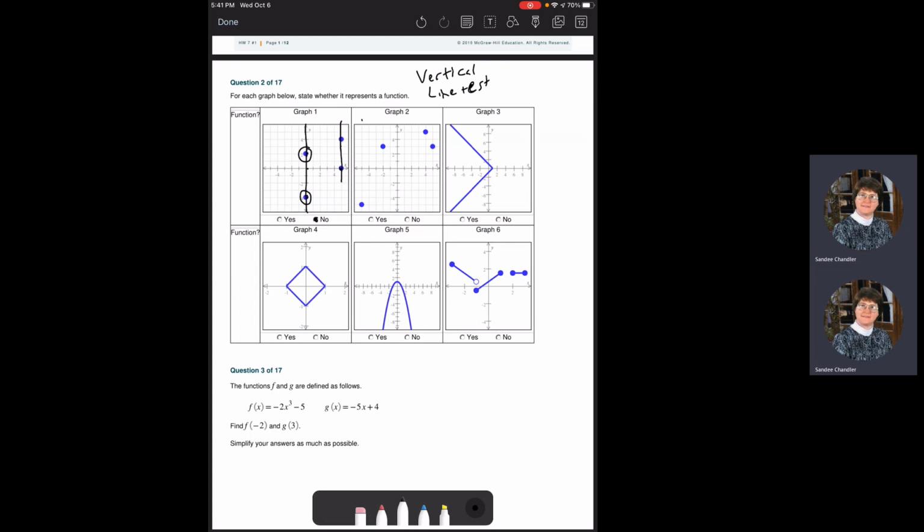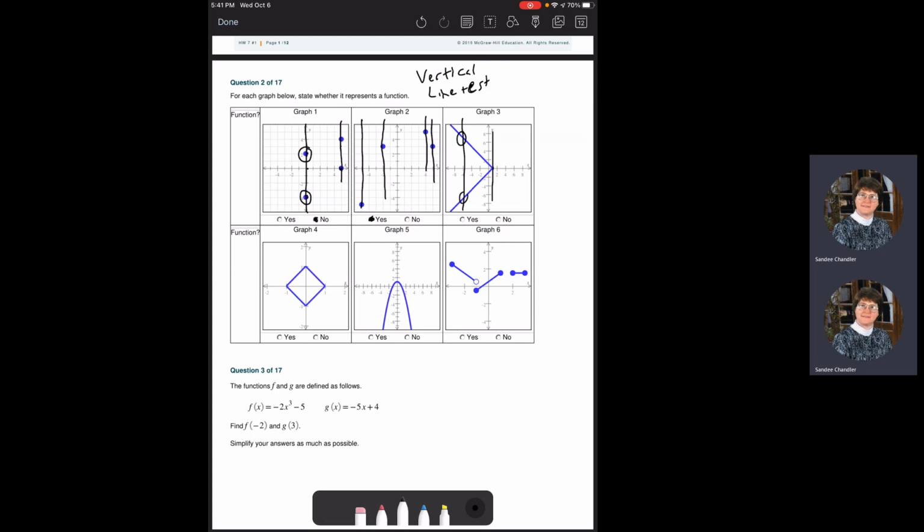All right, so if we try this graph 2, we only cross 1 dot when we draw the vertical line test. So yes, this is a function. On graph 3, while it's true if you were to draw the vertical line there, it would only touch one place, but it's not the same thing on every part of the graph.